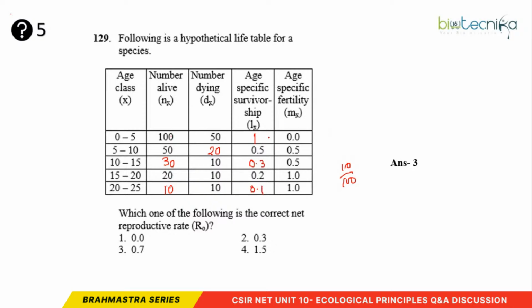Okay. Now, what is your R0? R0 is equal to the summation of Lx into Mx. Okay, so therefore, this is going to be, let me just take out my calculator, or we can do it orally also. Basically, we do it orally, right? So 0.5 into 0.5 is your 0.25.